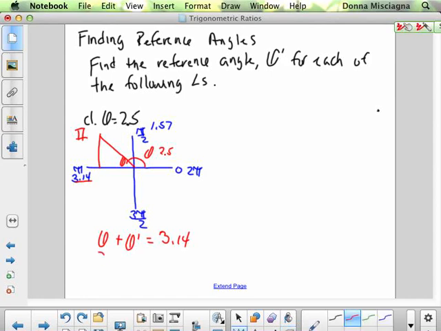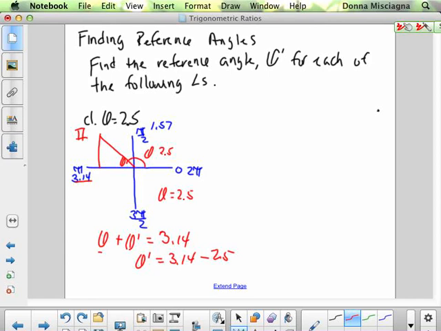So now our principal angle was 2.5. We're looking for the reference angle. Actually, you know what? Let's just subtract first. So our reference angle is going to be 3.14 minus our principal angle. And the principal angle, remember, was 2.5. So I'm just going to put the 2.5 there because I'm afraid I'm running out of space here writing down. I think I made my coordinate plane too big. All right, so 3.14 minus 2.5.